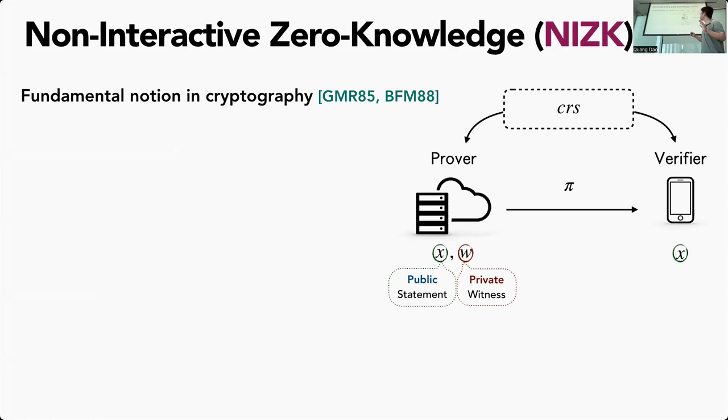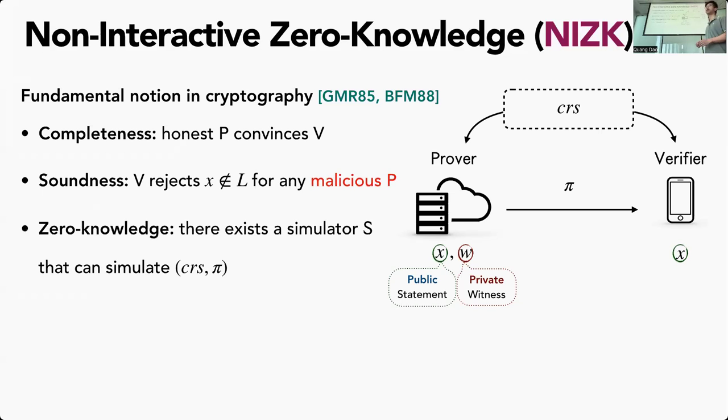The prover will try to convince the verifier that some statement is true based on its private witness value. And this has been a fundamental notion in cryptography. It was defined all the way back in the 80s, and it has actually found a lot of applications in practice. But first, let me just talk about what the proof system should guarantee.